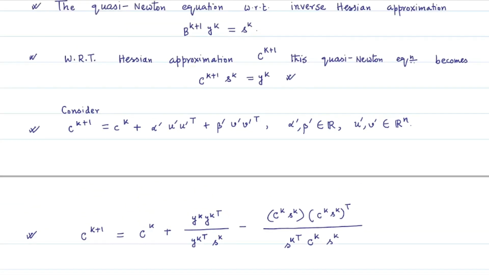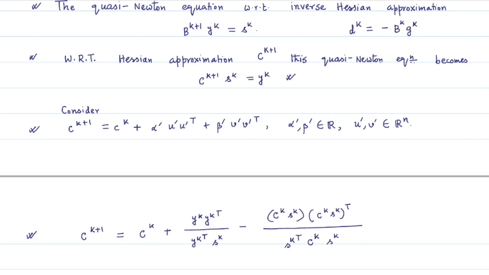But at the end of the day, we have to compute Bk plus 1, right? An approximation to the inverse of the Hessian at the point xk plus 1. Otherwise, we cannot go for the direction dk given by this Bk times gk.